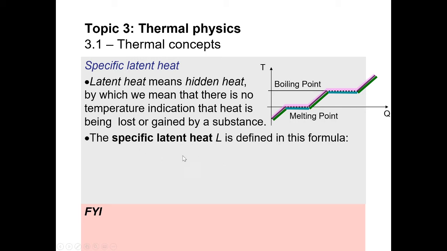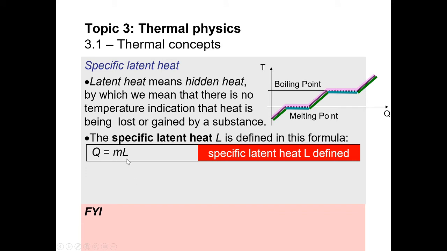So we define something called the specific latent heat, capital L, by this formula. Now, specific latent heat, capital L, if you rearrange this, it's Q divided by m, the amount of thermal energy divided by mass. So this Q is the amount of thermal energy added along these horizontal segments of the graph. The other Q, mc delta T, is the amount of heat added during these slanted portions of the graph.